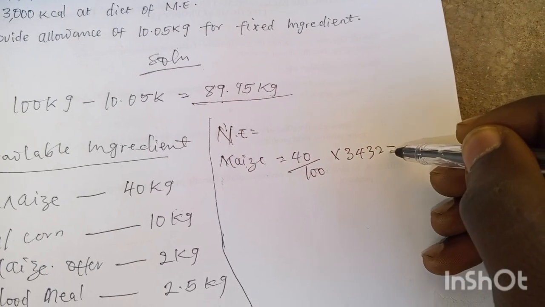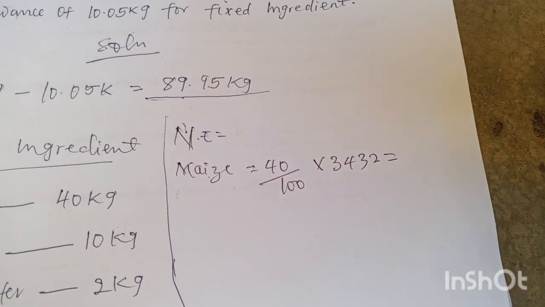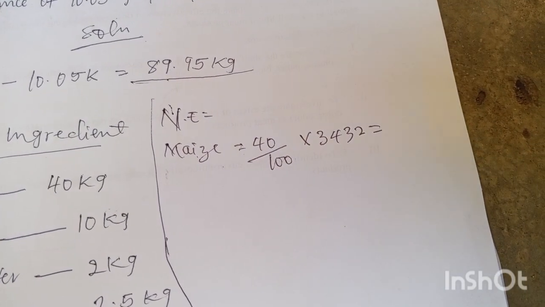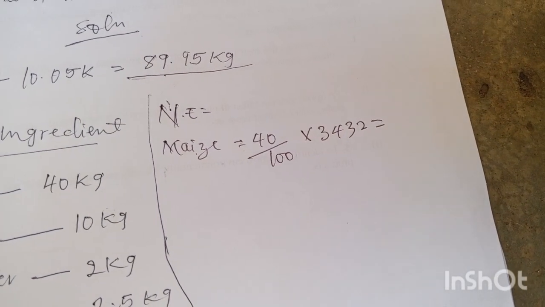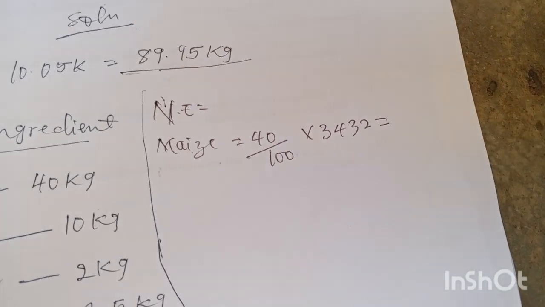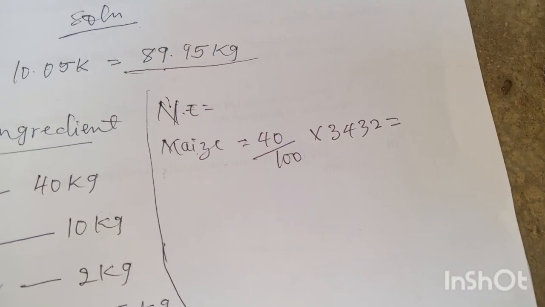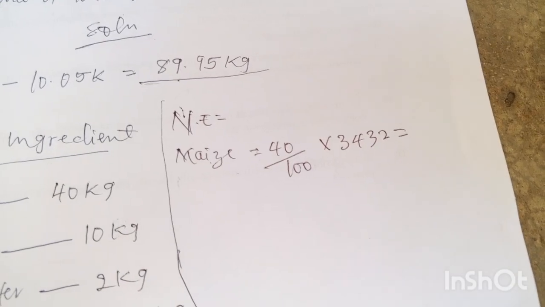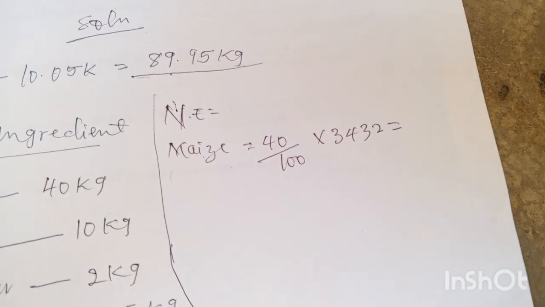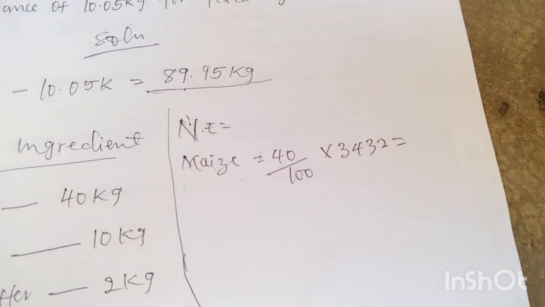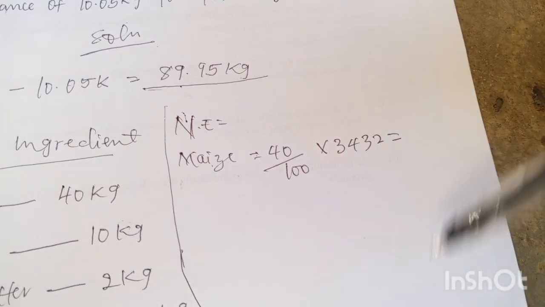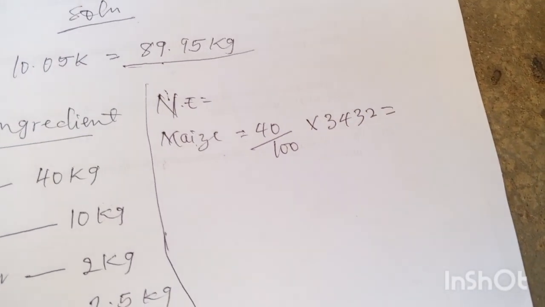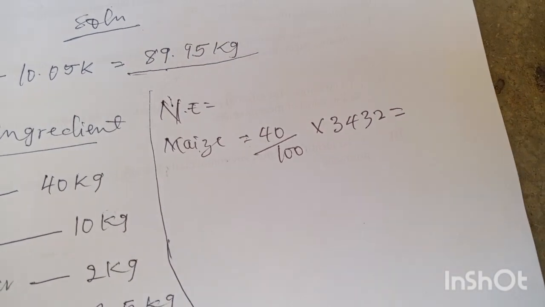3,432. Someone might have in mind to ask, why are we using 100 over 100, not 89 point something? Like I said, the total feed we are formulating is in 100 kg. But the person that brought this said that maybe you are formulating the feed for somebody, and the person said that he already has some ingredients on ground that he would like to input after you might have done this calculation, that should provide a space of 10 point something percent.